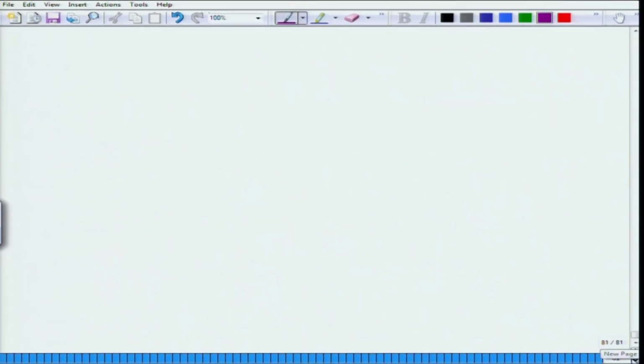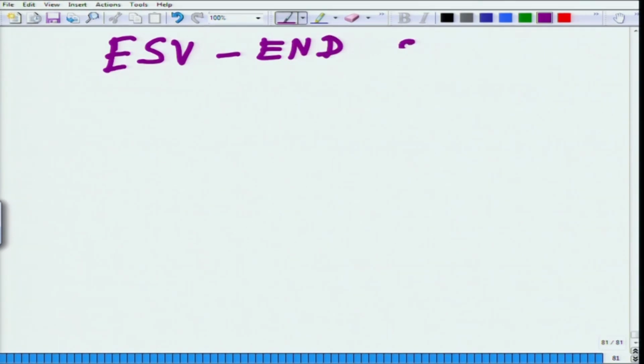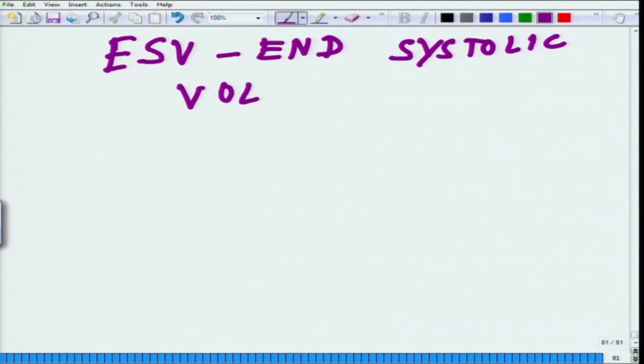The next term that is important is ESV, end systolic volume.